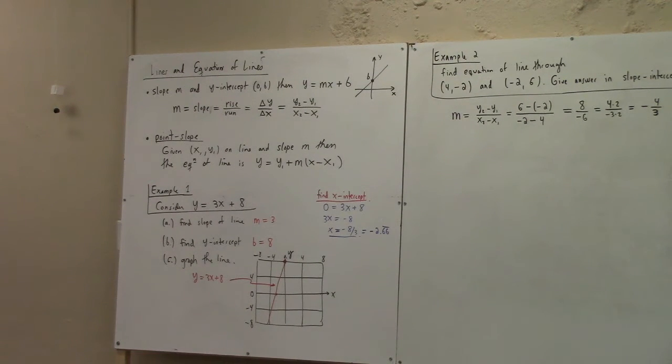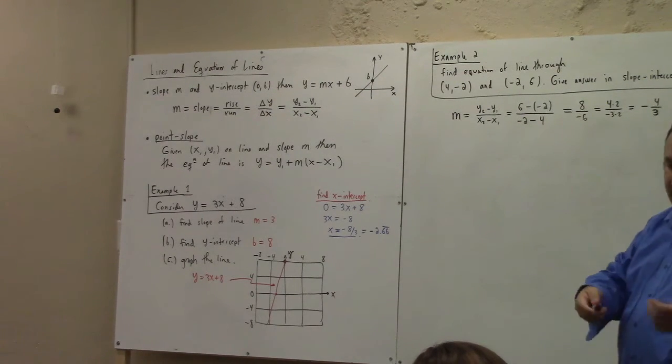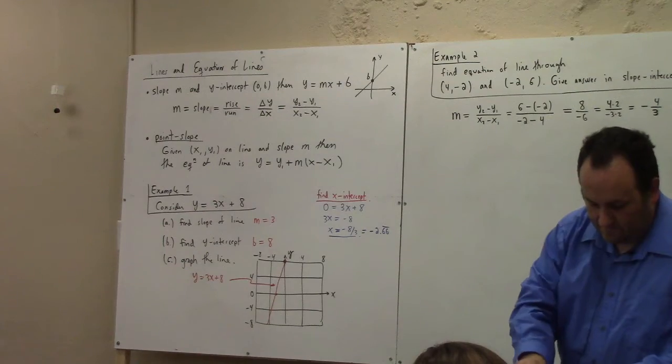I see two choices. The one choice would be to use the slope intercept form and to plug one of the points in, to figure out what the missing ingredient is, right? I don't have a point with 0 in the x coordinate, so I can't just immediately tell you what b is, right? We have to figure it out. That's the one way. Actually, let me show you both ways, and you can decide which way you think is best, all right?